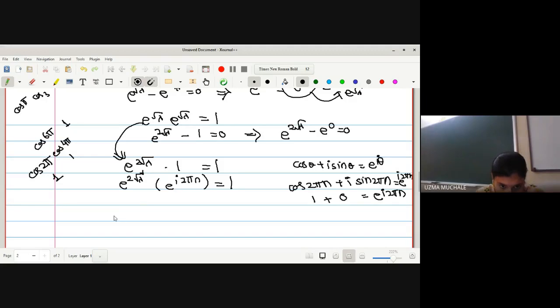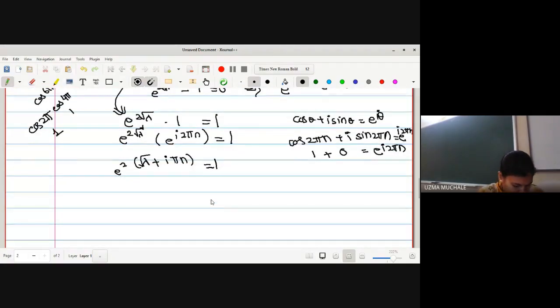Now these two we can add. If I take e raised to 2 root lambda plus I pi n outside, it is equal to 1. Now taking log on both sides, what is the result? 2 root lambda plus 2 pi I n equals log 1, which is 0.